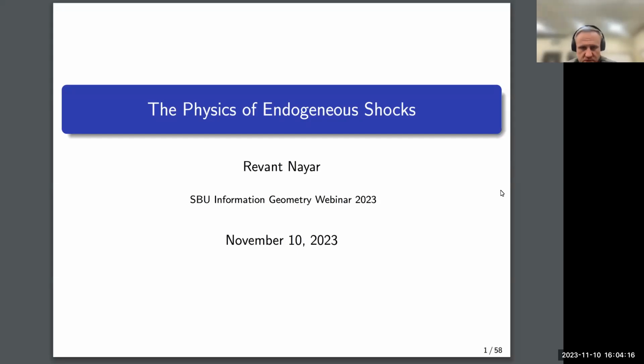Today we have the pleasure of listening to Revant Nayar, who is the principal and CTO at FMI Technologies, a quantum-inspired quantitative hedge fund operating in India and the US. He has a background in theoretical physics, specializing in quantum field theories and string theory from the Institute for Advanced Study at Princeton. Nayar also served as a research fellow at NYU Tandon, where he explored novel approaches to option pricing.